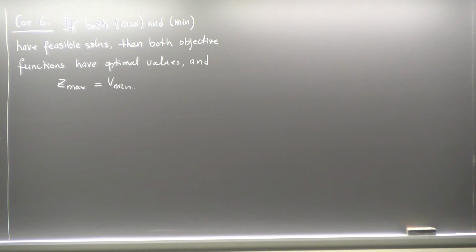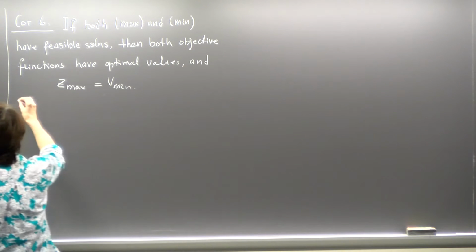And then in theorem 5, the assumption is different. Theorem 5 says, not for both, I just take one. For example, I can just look at max, and I see that not only do I have feasible solutions, but I managed to find the max of Z, which is bounded. So do you see there are two different assumptions? Okay? So this corollary 6 says, with that assumption, I can reach the same conclusion. Okay, so make sure that you pay attention, that's different.